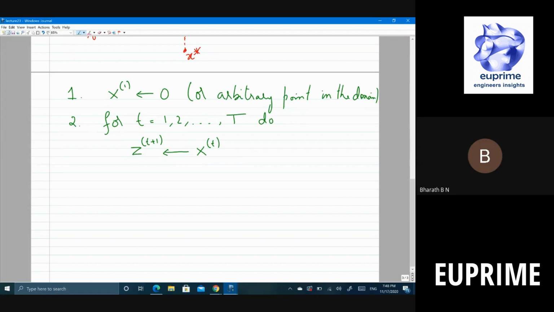For example, if t equals 1, x1 in this case is 0. So we start with 0 minus eta_t times the gradient of f naught of x_t. Is this fine, everyone? What is this called?